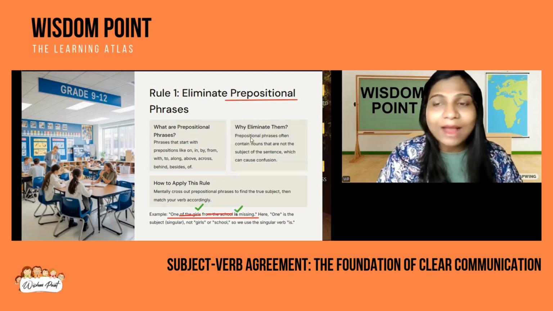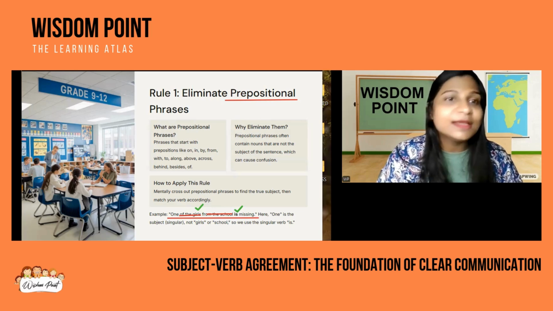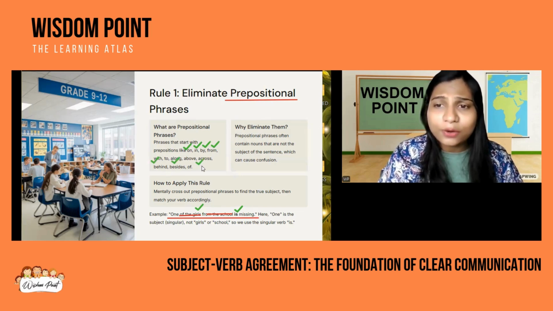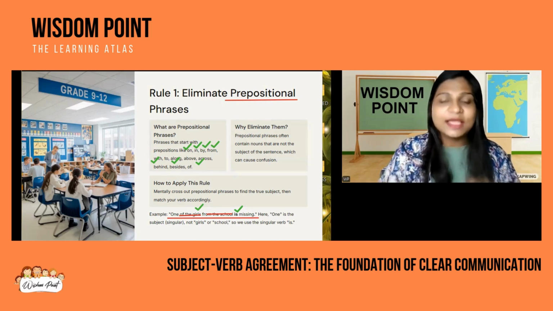Got it? Now, how to identify prepositional phrases? These prepositional phrases start with prepositions, like on, in, by, from, with, to, along, across, behind, beside, of. All these are prepositions.